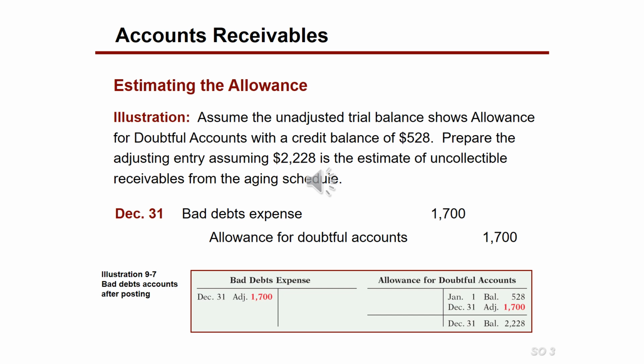Once you get that piece of information collected, then you can simply debit bad debt expense with the amount of 1,700, which is the difference between the two amounts, and then credit allowance for doubtful accounts for 1,700. As you can see at the bottom in the illustration, these amounts are posted into their appropriate ledger accounts.